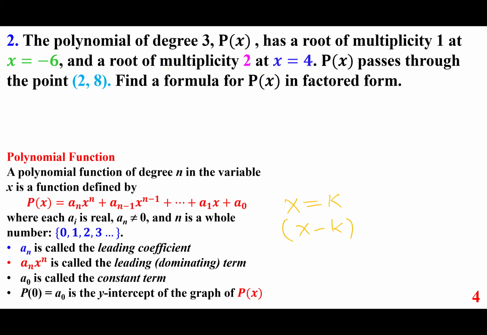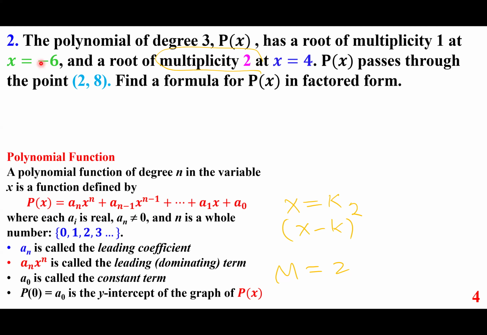When we discuss multiplicity, when we say multiplicity is 2, that means the exponent here is 2. Therefore, we are going to write the polynomial P of x. We start with some constant which we don't know what it is, so we're going to call it a.